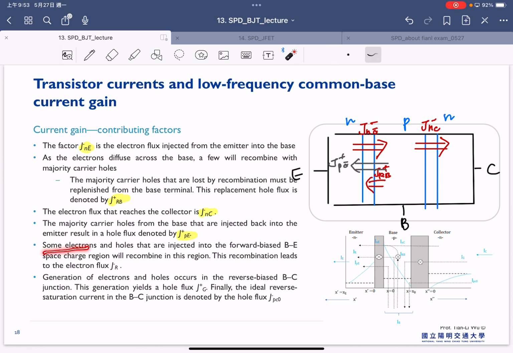And some electrons and holes injected into the forward biased BE space charge region will recombine in this region, and this recombination will lead to the flux JR minus plus, which is this one.